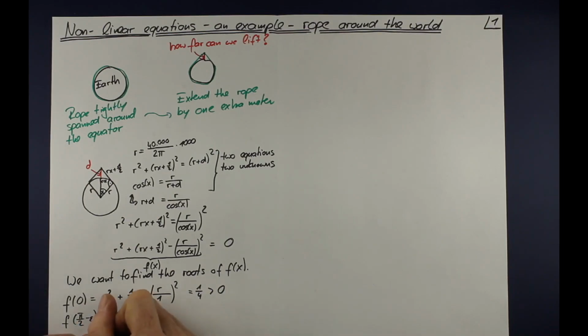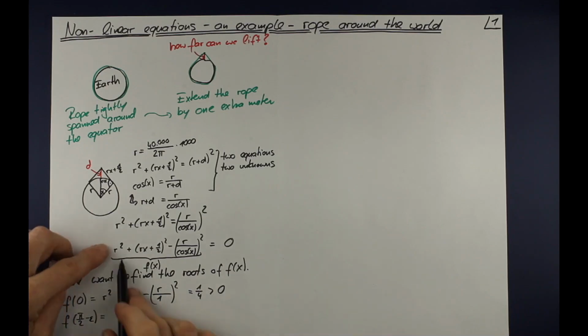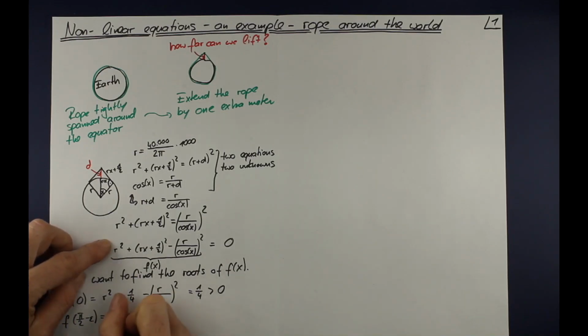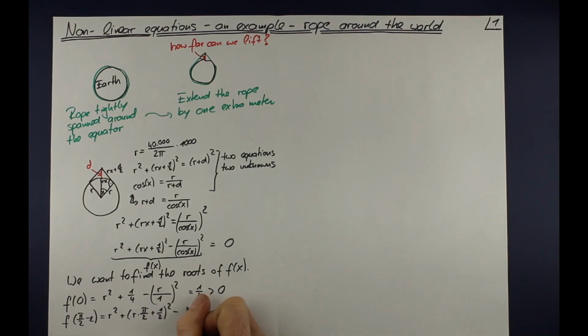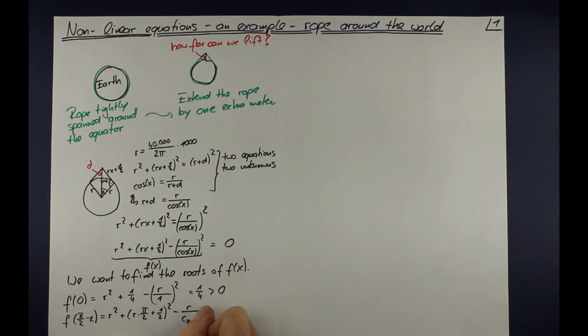Then what is f of x? It's r squared plus r times pi halved, a little less than pi halved, minus r divided by cosine of pi halved, a little less than pi halved.